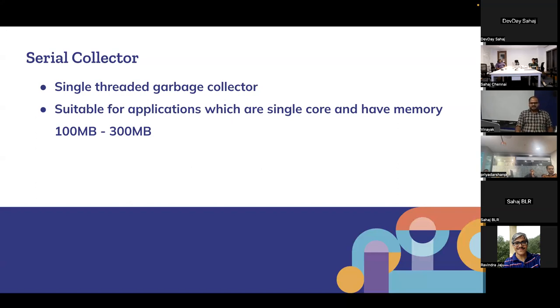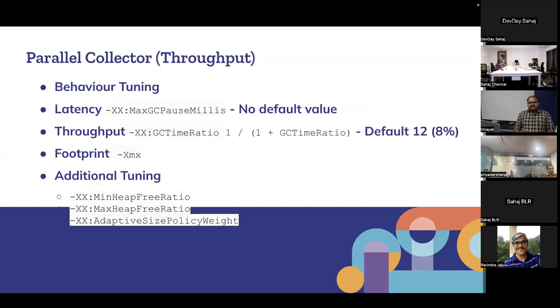Cool. The next collector is the parallel collector, or we call it the throughput collector. Why throughput? Because it does the collection in parallel using multiple threads, and it completes faster compared to serial, and it gives that time back to the application so that your application can perform. That is why it's called the throughput collector. Here you can do behavior based tuning.